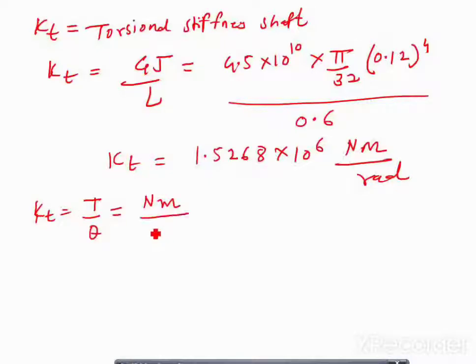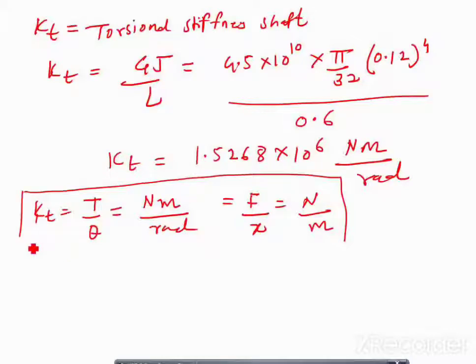Because torque is equal to Kt into theta, so Kt is equal to T upon theta. Like in a linear system, it will be force upon x, F upon x, Newton per meter.